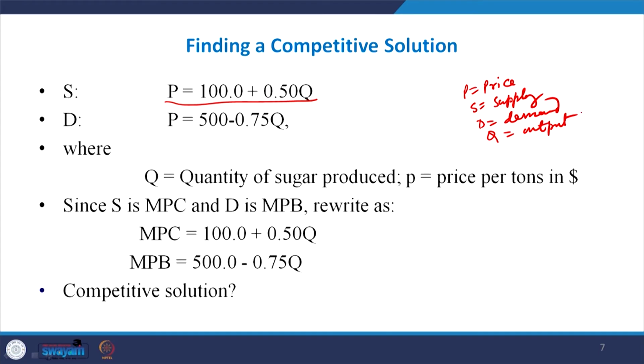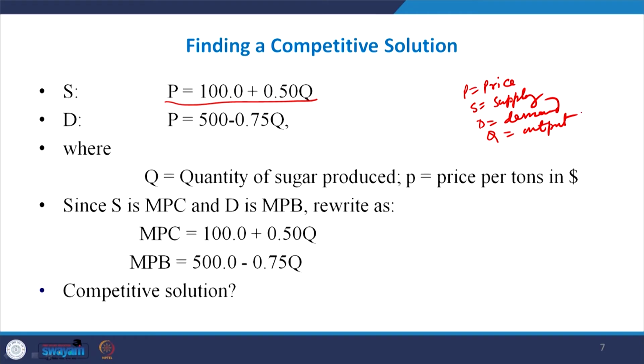Now, for equilibrium level of output and price, what we have to do is we have to apply the optimization conditions, and optimization is that marginal cost should be equal to marginal revenue, and here marginal cost is marginal private cost and marginal benefit or marginal revenue is marginal private benefit. Since we are considering competitive market, so the price is also equal to the marginal benefits.